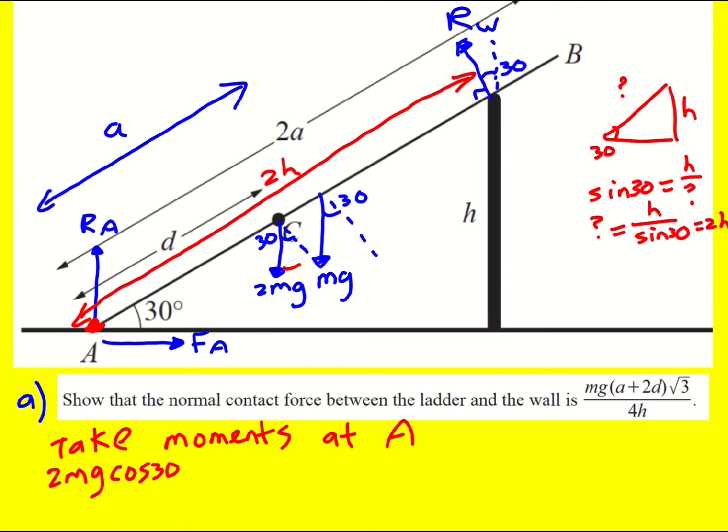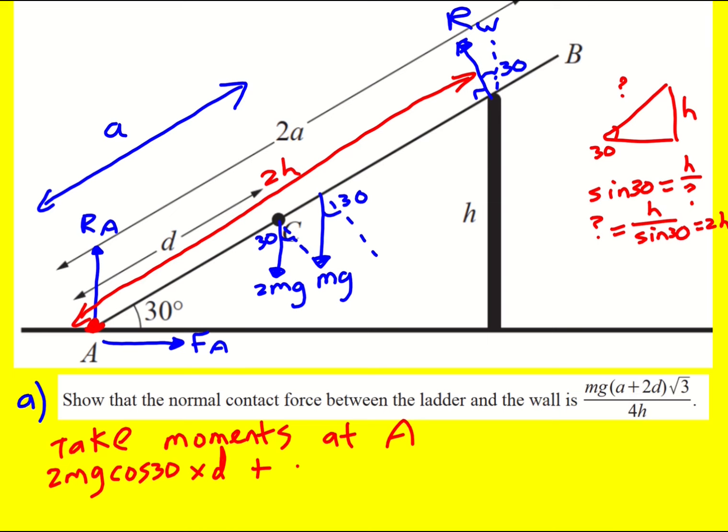I'm bringing it into the angle, that's why it's cos. Or you can draw your triangle and see that it's the adjacent, or you can split it into components if you want, but it's going to be 2mg cos 30. And then I'm going to multiply by the distance from where I'm taking moments, so it's going to be d.